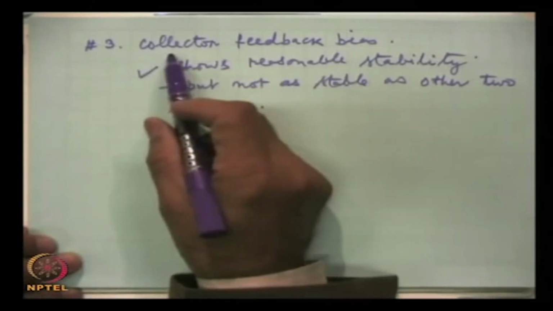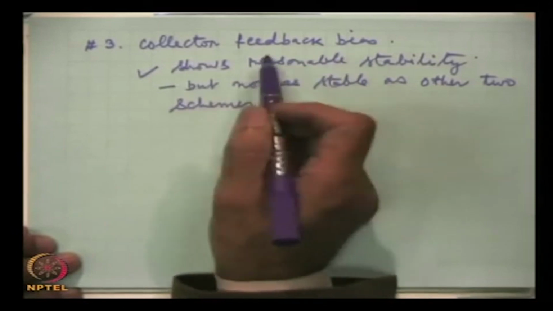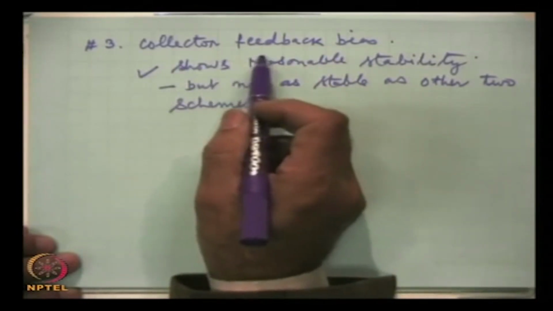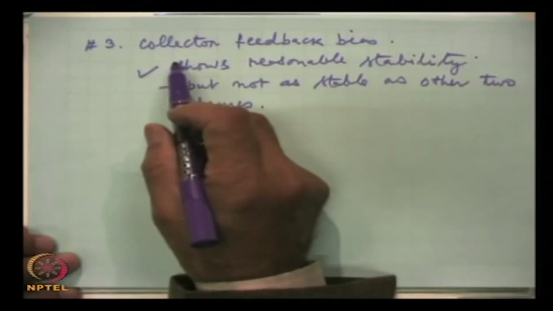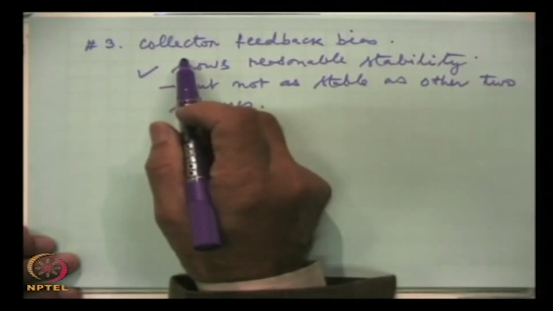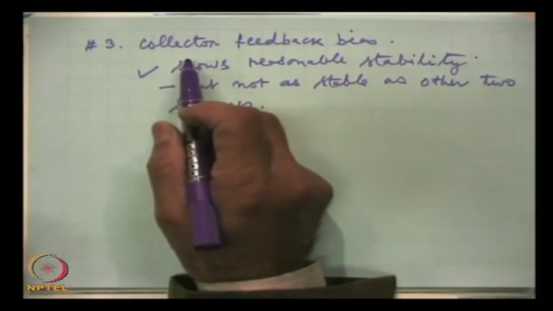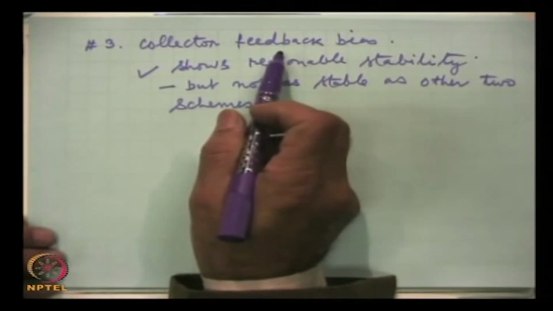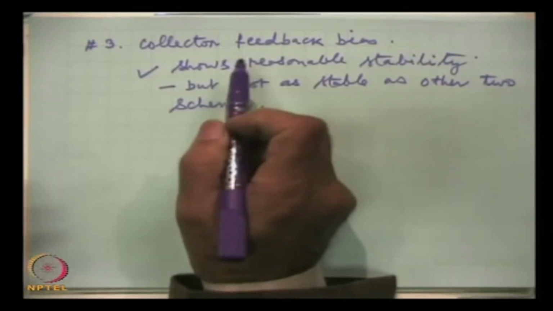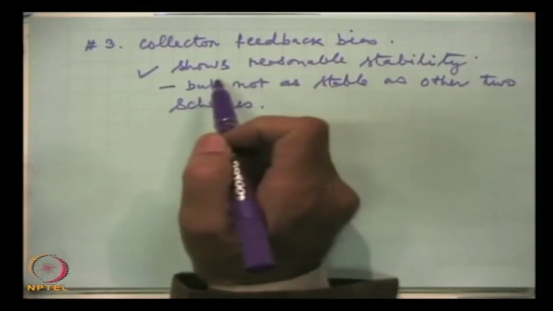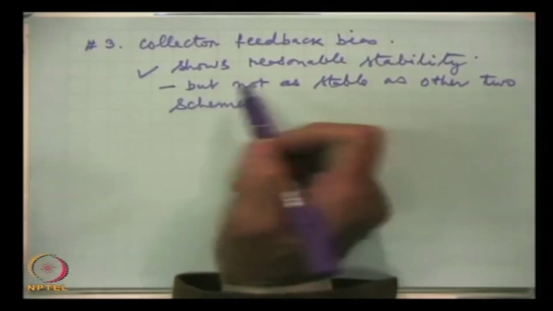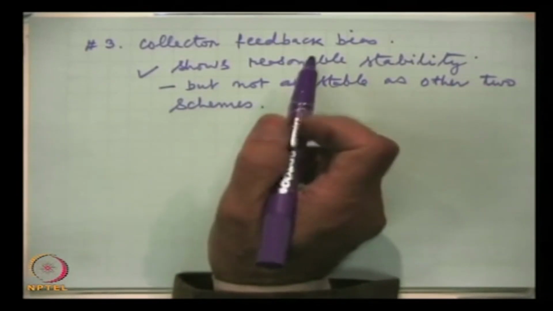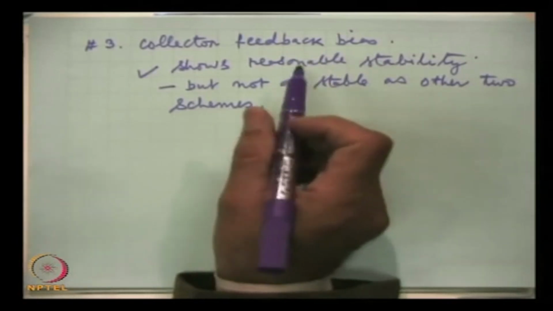But this is a very simple circuit, as we will see, and makes use of fewer resistances, and if stability is not the prime criterion, then this is very widely used, because there are many situations where a little bit of variation of the Q point is acceptable, that means with reasonable stability we can work the circuits.